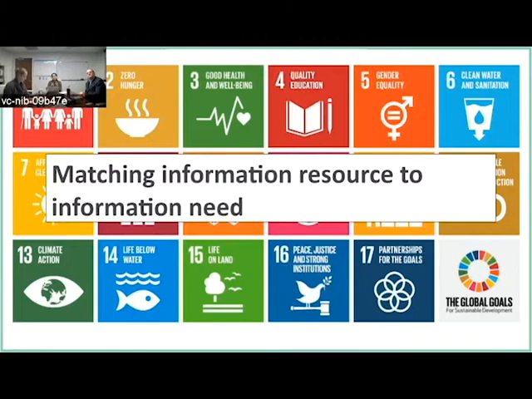And the reason I put them up here is there are so many different sources that meet the information needs of all of these areas, but there's also a cross-disciplinary aspect to them. So for instance, good health and well-being, gender equality, clean water and sanitation, these all stand on their own, but at the same time, they all have to do with family planning. They all have to do with women's health.